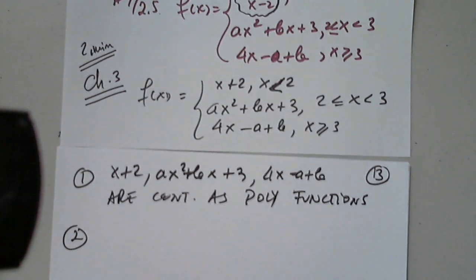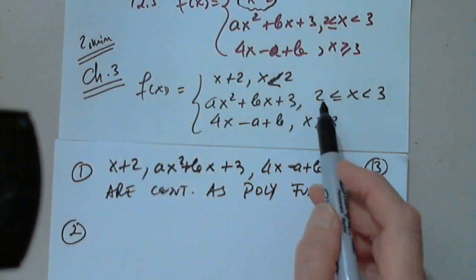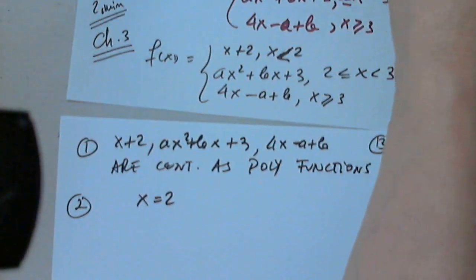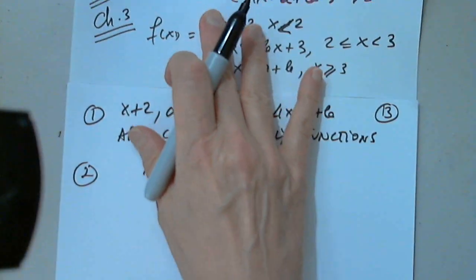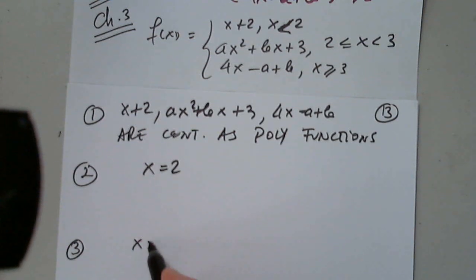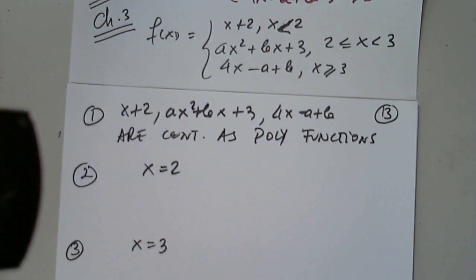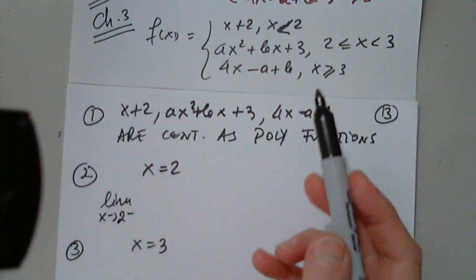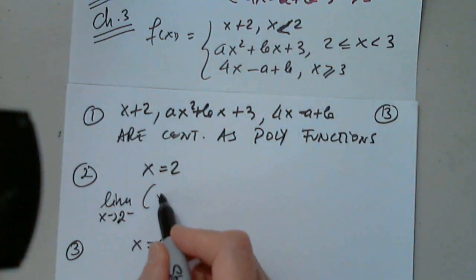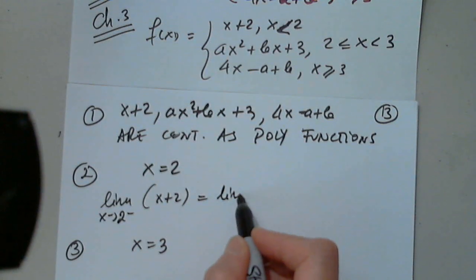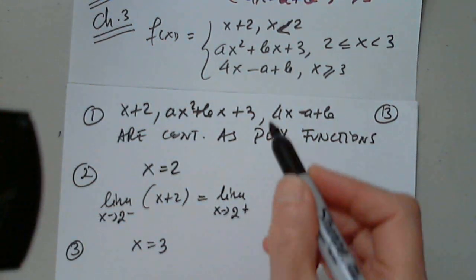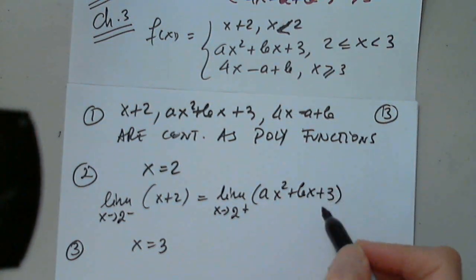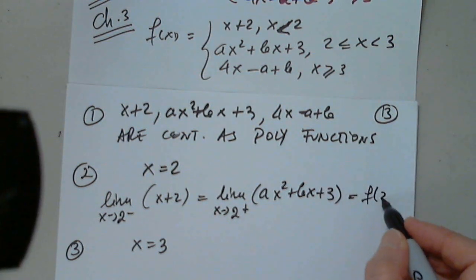In number 2, I have concern about x equals 2, so I have to study continuity at x equals 2. In step 3, I have to study continuity at x equals 3. So the limit as x approaches 2 from the left of x plus 2 must equal the limit as x approaches 2 from the right of ax squared plus bx plus 3, and must equal f of 2.